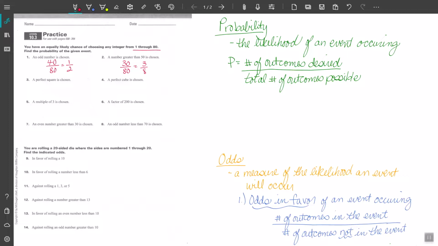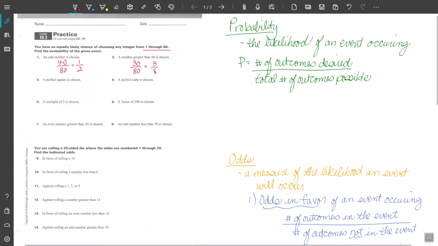Number 3, a perfect square is chosen. Well, this of course means that you have to know your perfect squares. So perfect squares, I'll just list them out over here, keeping in mind that we aren't interested in any perfect square that is greater than 80.